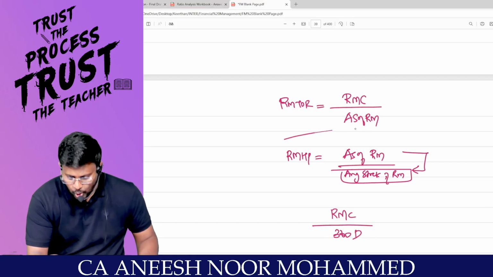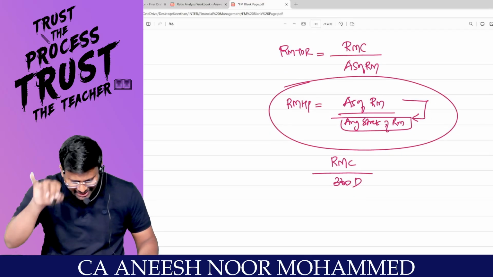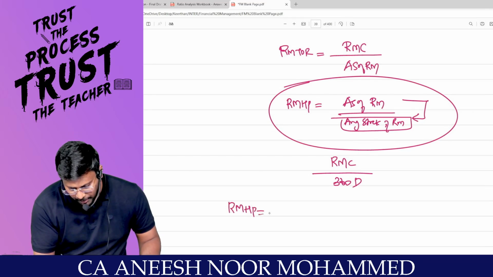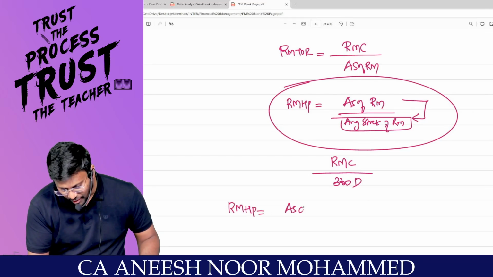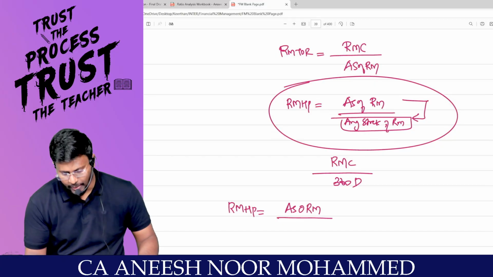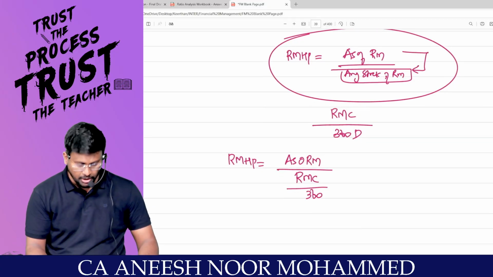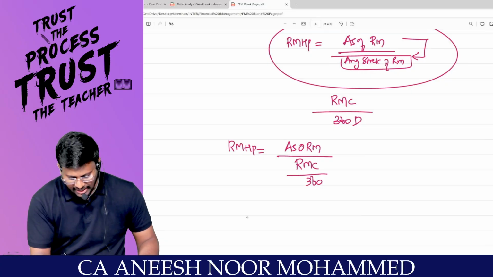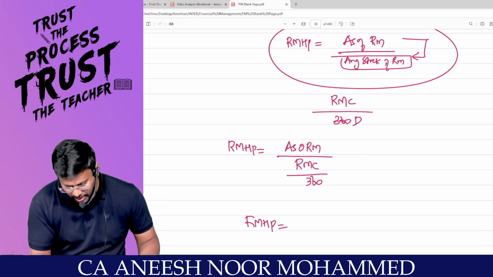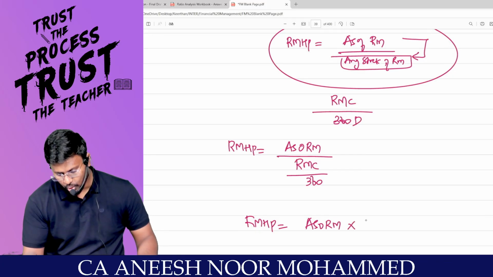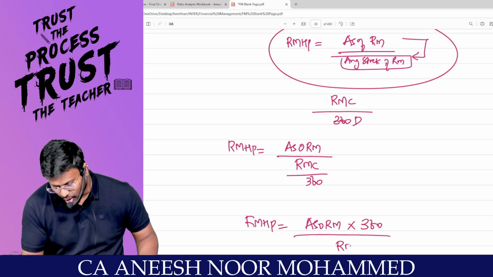Right? So this formula I can rewrite as: raw material holding period is equal to average stock of raw material divided by raw material consumed divided by 360. Comfortable? This can be rewritten as raw material holding period is equal to average stock of raw material into 360 divided by raw material consumed.